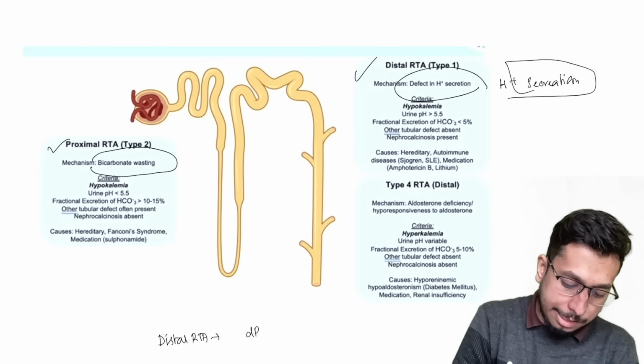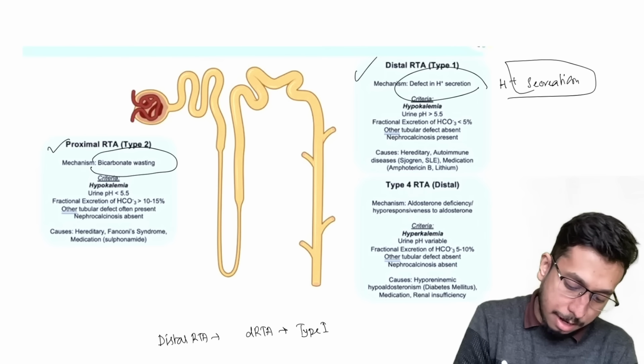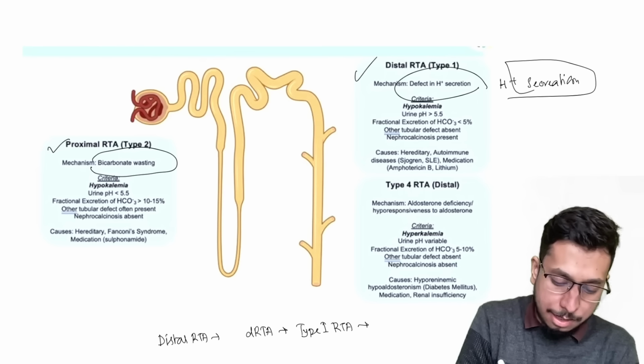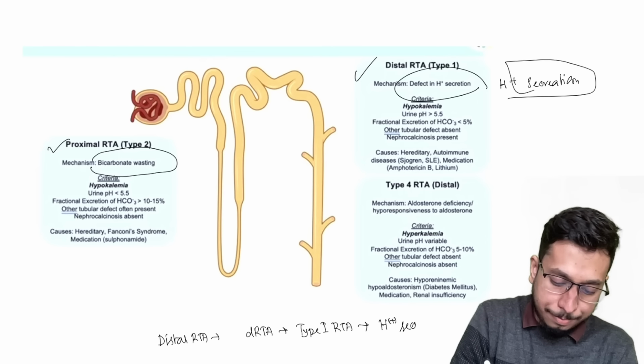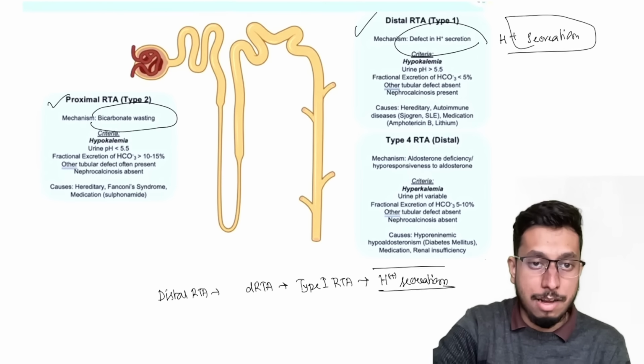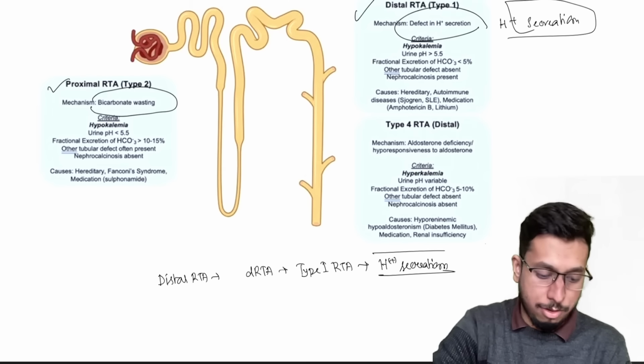Okay, so distal RTA or DRTA is type 1 RTA, renal tubular acidosis, and it is due to defect in H plus secretion. Okay, so there is retention of H plus in the blood, resulting into acidosis.